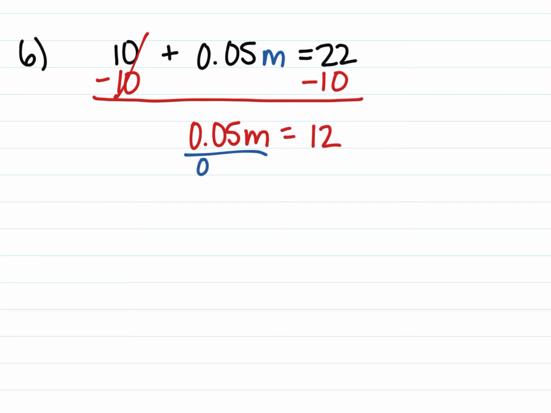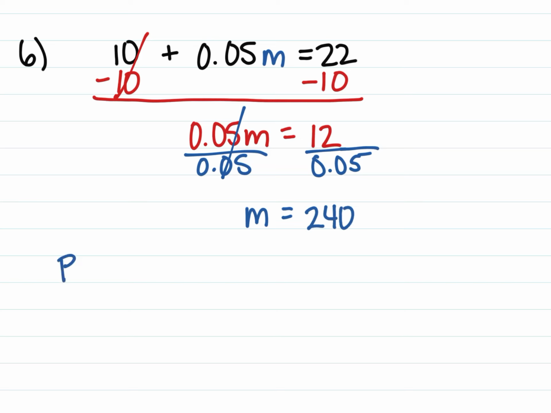Now I want to know about how many minutes he spends, so I need to divide by 0.05 because that will give me m, since that will make a big giant 1. But to keep my equation balanced, I have to divide by 0.05 on the right side as well.